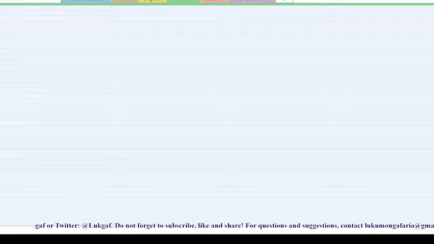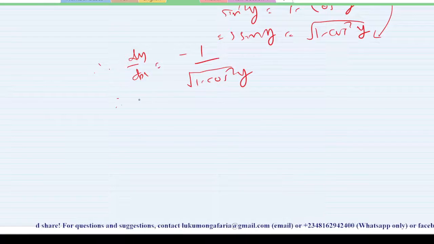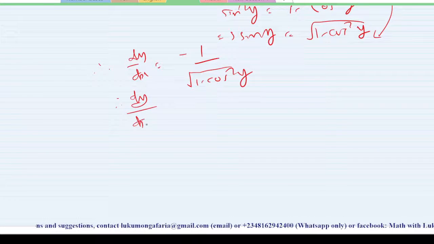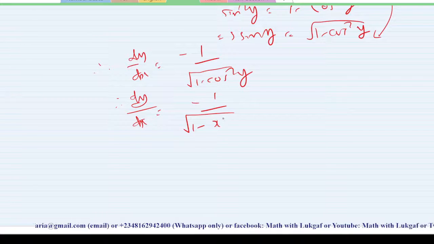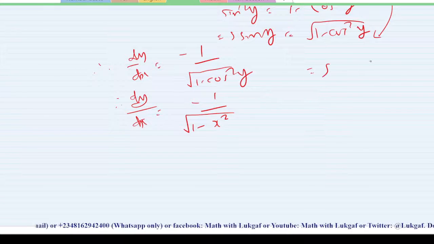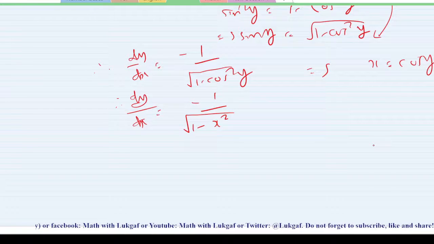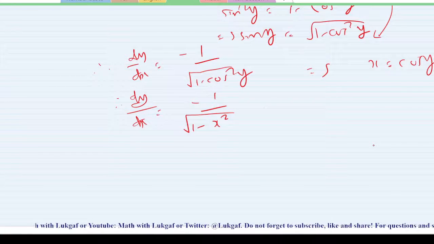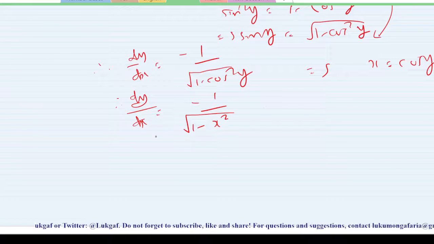So if you substitute that here, then I'm going to have that my dy/dx equals minus 1 divided by the square root of 1 minus s squared, since s is equal to cos y. You understand now?